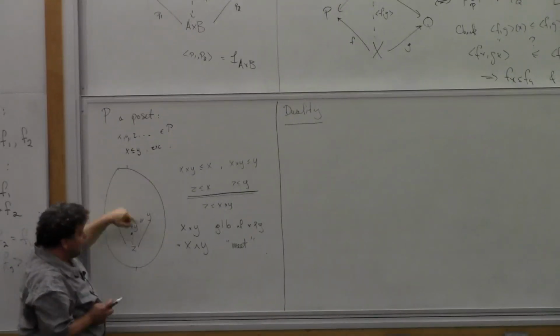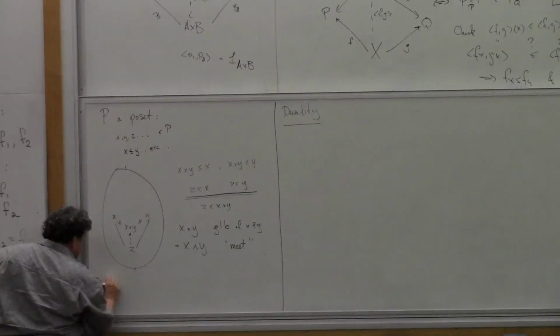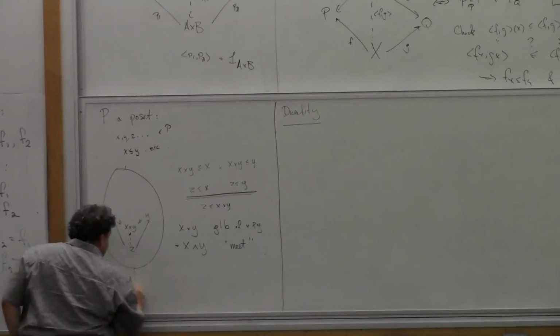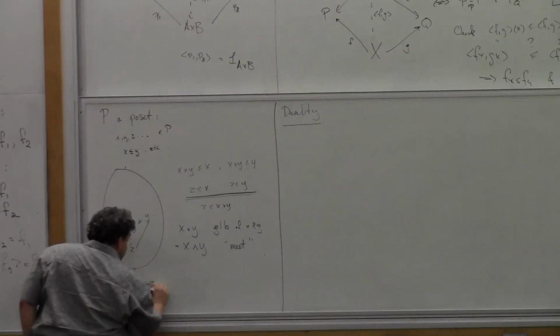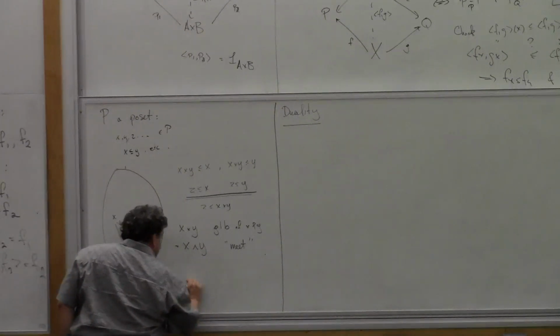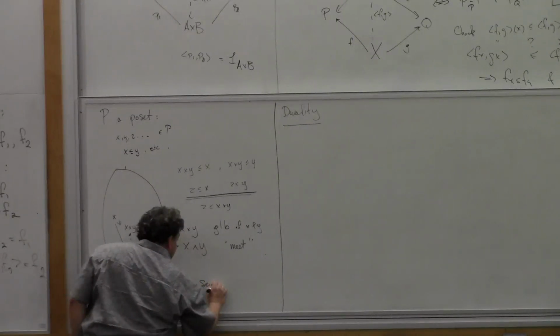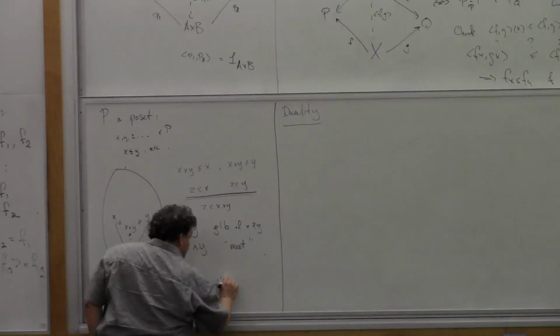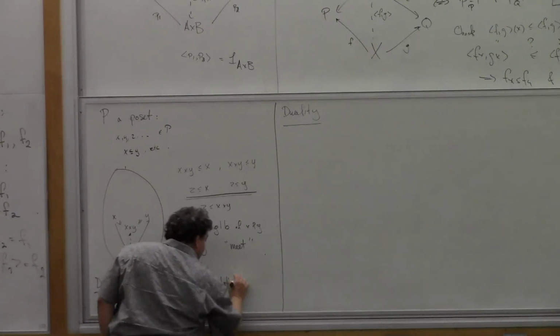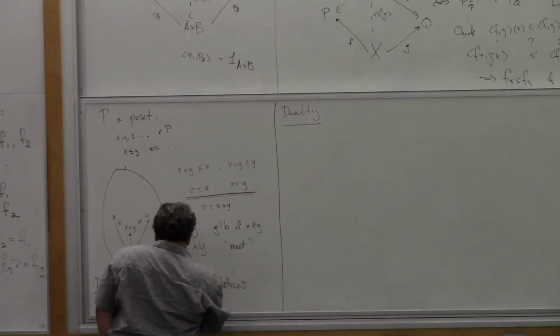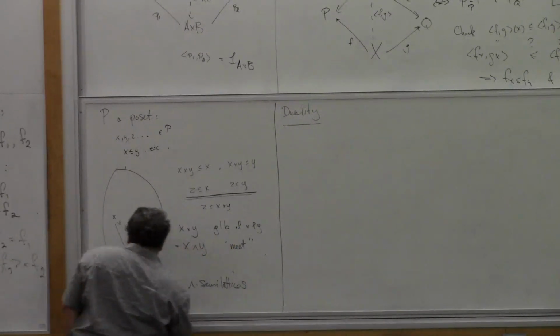So in a poset, a meet is a product. I haven't proven that the laws for meet semilattices hold just from the existence of product, but it's true.